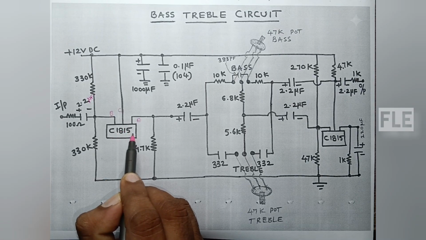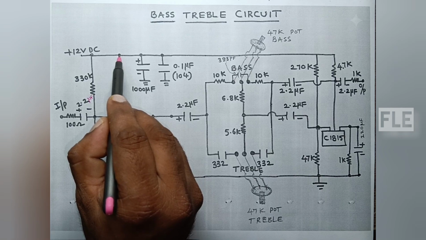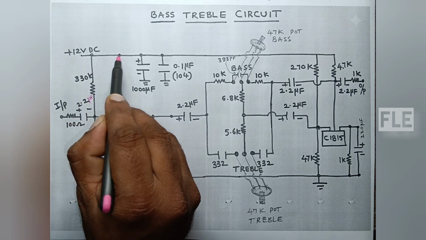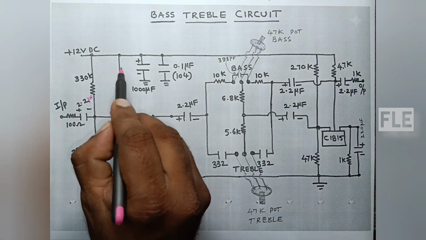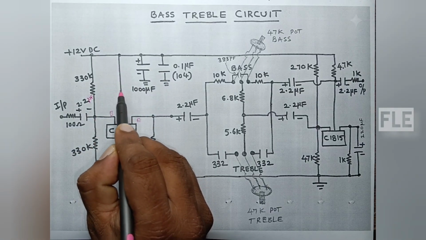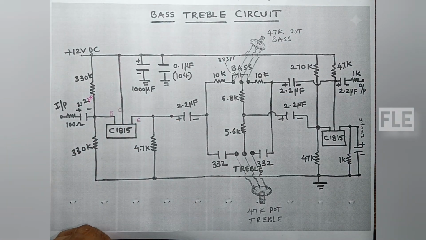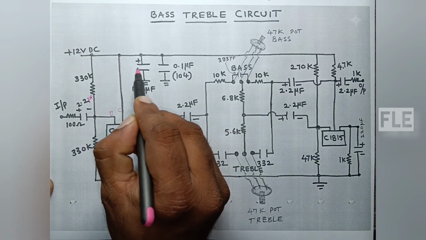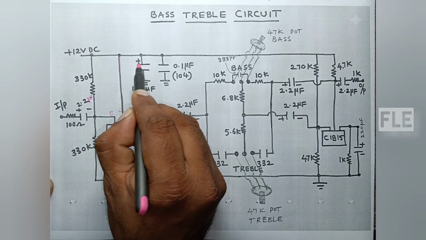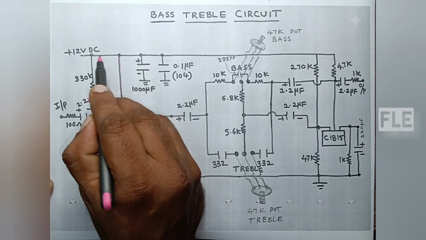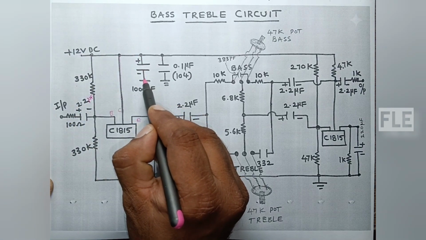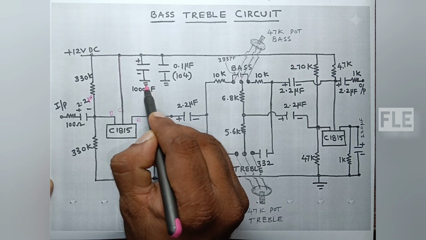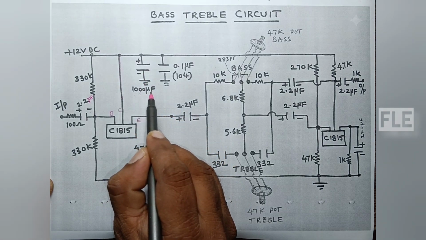The collector terminal of the C1815 transistor is connected to the plus 12 volts DC terminal. A 1000 microfarad capacitor is used as a filter capacitor; the positive terminal is connected to 12 volts DC, and the negative terminal is connected to the ground terminal.